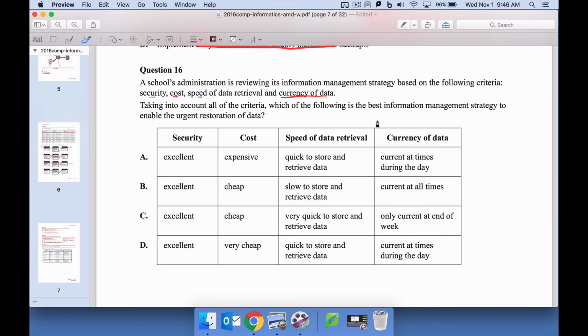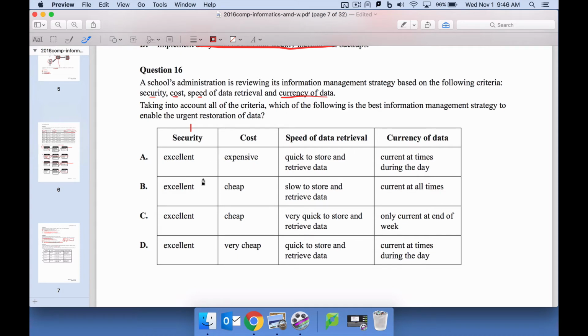I think that's what they're referring to. Taking into account all of the criteria above, which of the following is the best information strategy to enable the urgent restoration of data? So we need to justify which one of these we would pick based on their criteria and their order of criteria.